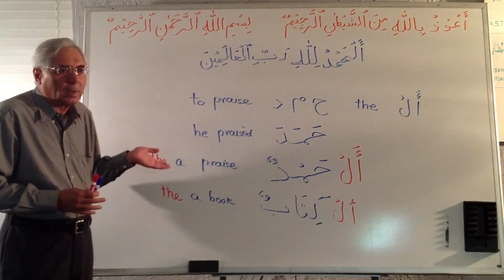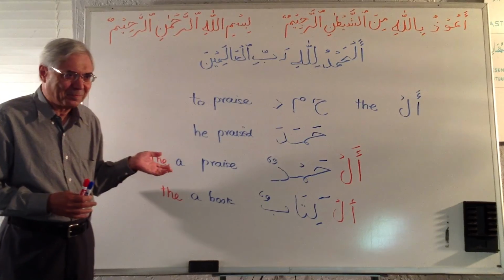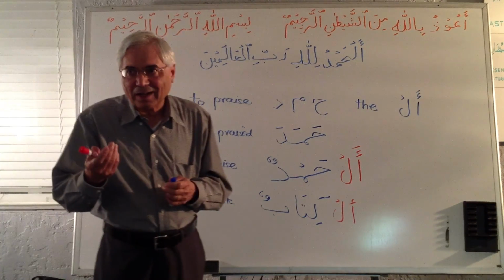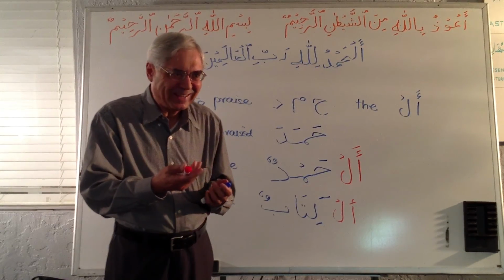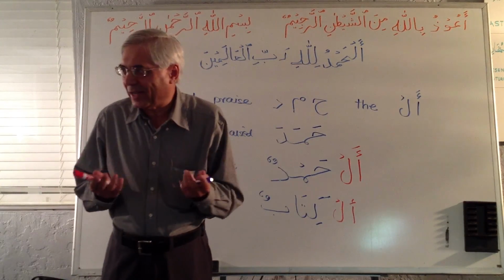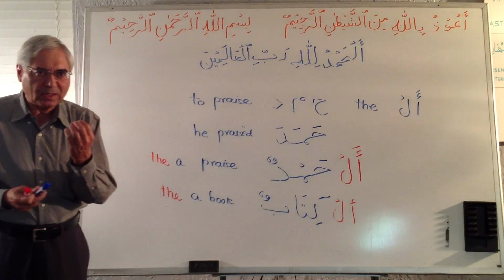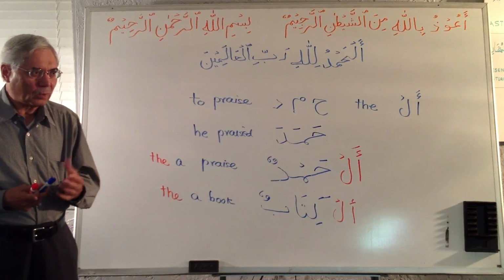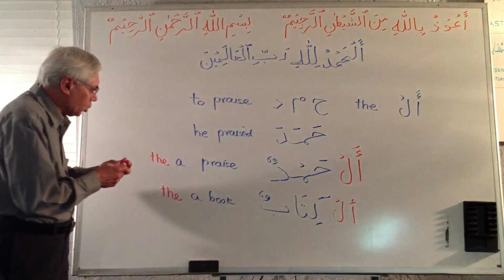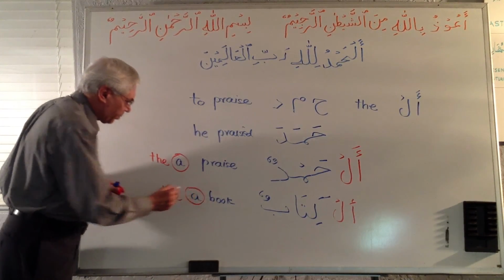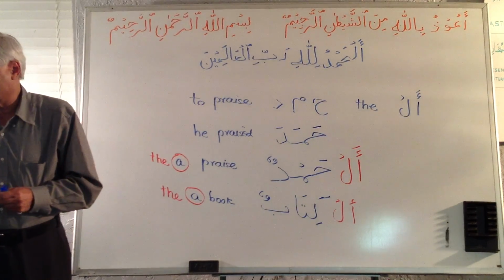It is actually a wrong sentence right now, because in English, you cannot say the a book, right? No way. So this is wrong English. So what you have to do, when you have to make a specific proper noun or definite noun, you have to remove this a from there, right?